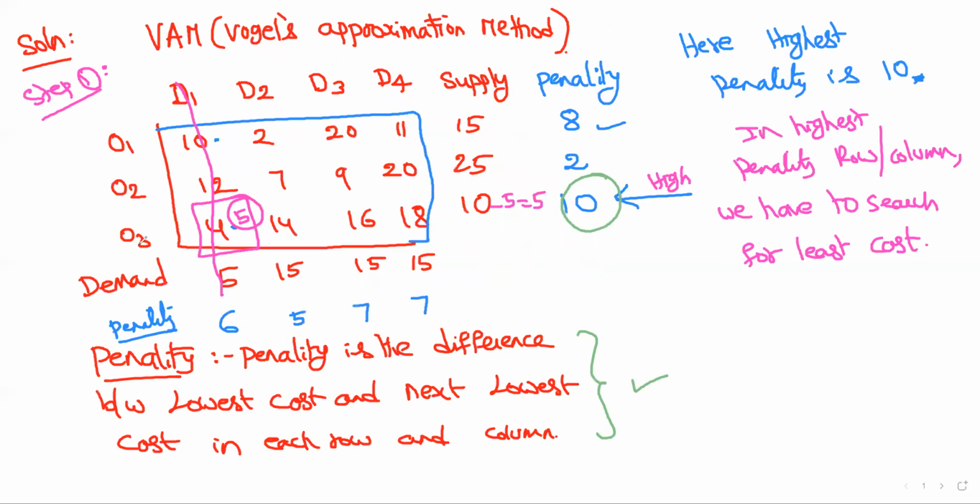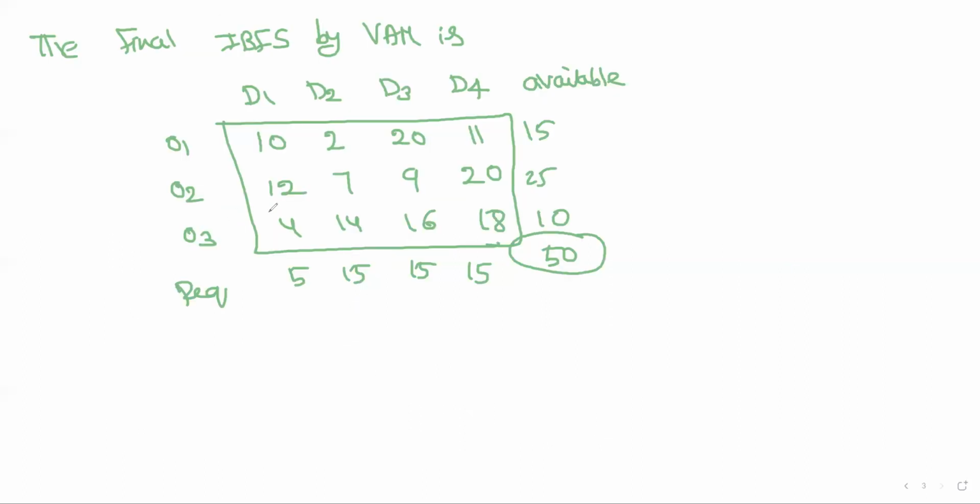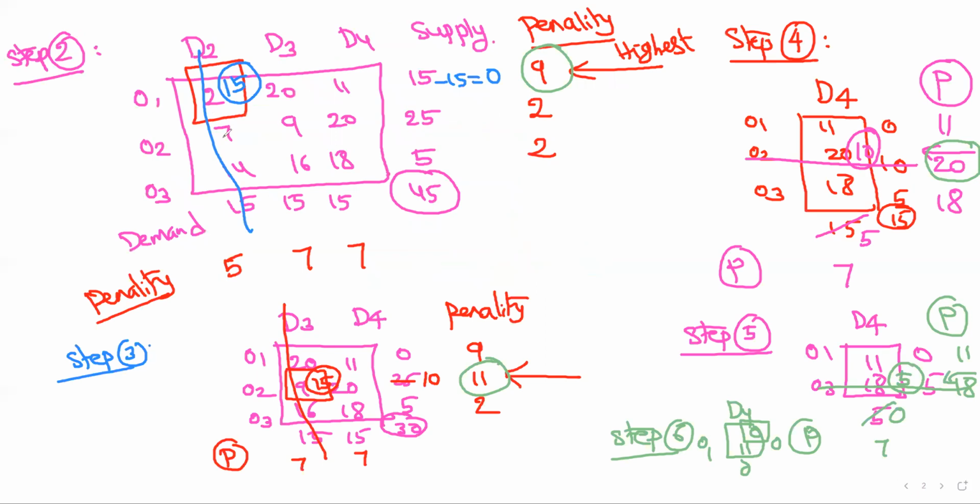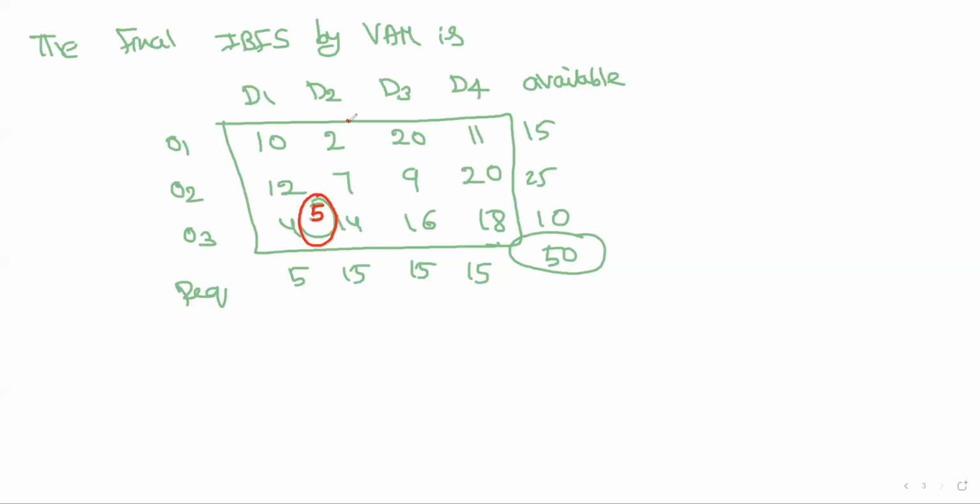Step 1, I gave preference for O3D1. O3D1 is 5. Step 2, O1D2 here 15.